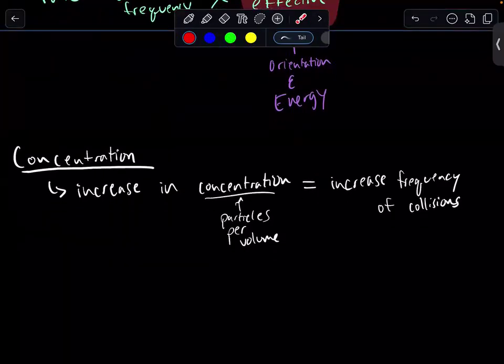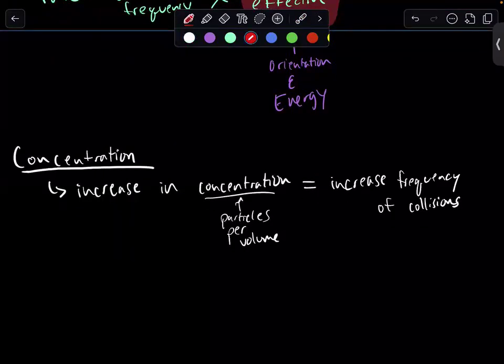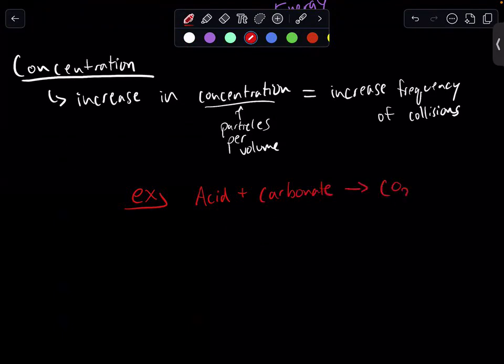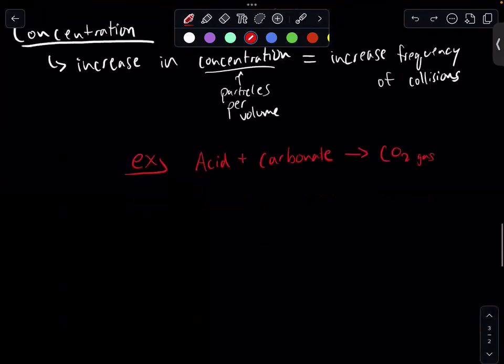So what I want to go over with this is just two examples that you might see in the DP curriculum or on a DP exam. So we can take a look at an acid plus a carbonate, which is going to produce CO2 gas, as well as a couple other things, depending.